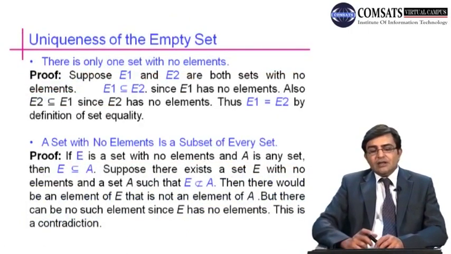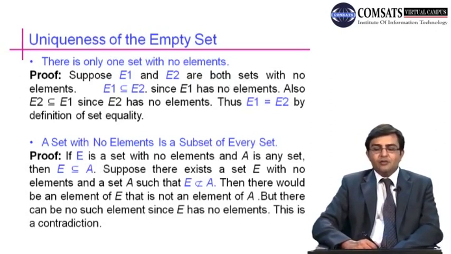The next is the uniqueness of the empty set. There is only one set with no elements. So we have to prove that there is only one set with no elements.